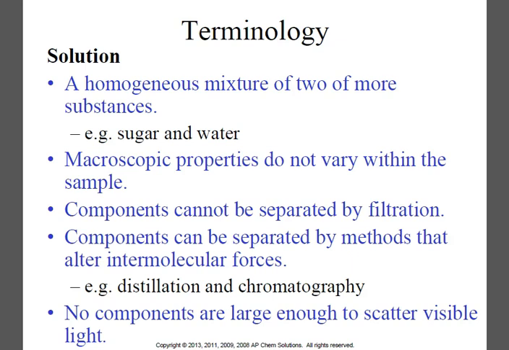Now, homo means the same, but I don't want you to think that that means that there's only one thing in there. It's still a mixture. So you still have two or more substances that are mixed together, but the way they combine makes a smooth, homogeneous, the same throughout mixture.